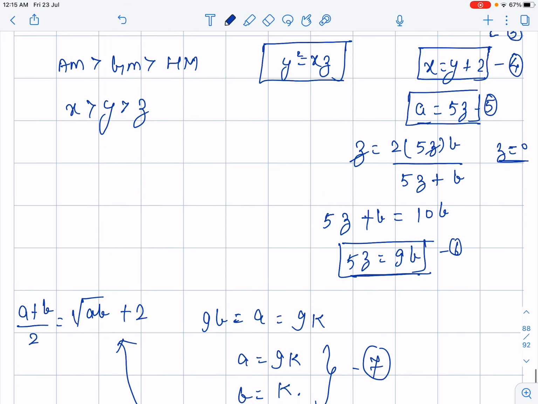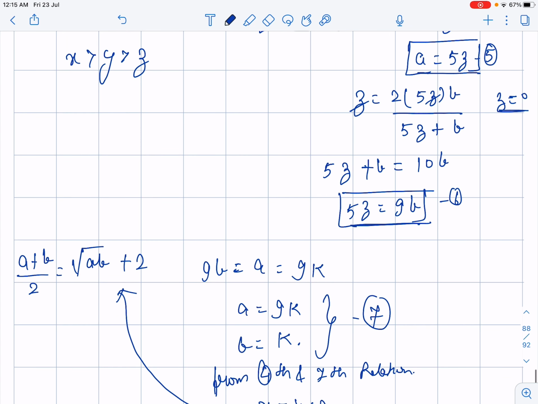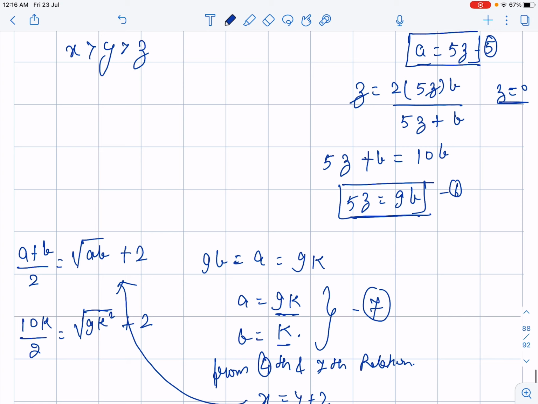And we know that a is equal to 9k and b is equal to k over here. So what will be becoming? 10k by 2 is equal to square root of 9k square plus 2. That means 5k minus 3k is equal to 2. That means k is equal to 1.